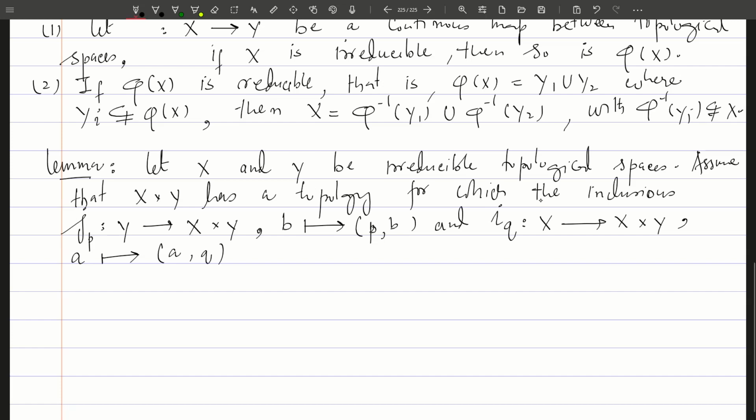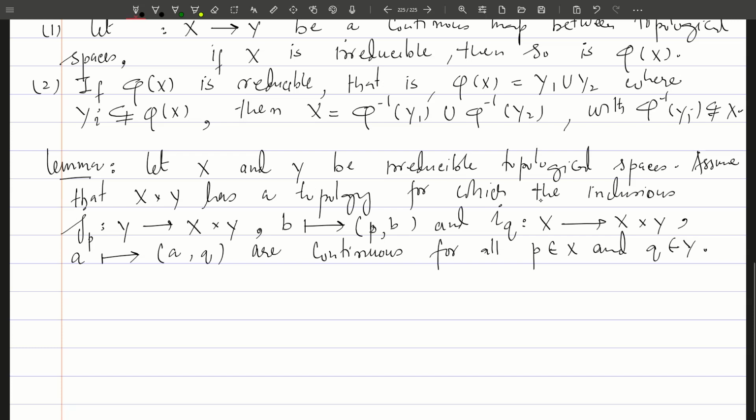So now these X and Y are topological spaces. We have a topology on X cross Y with respect to which these two maps, j_P and i_Q, are continuous for all P in X and Q in Y respectively.